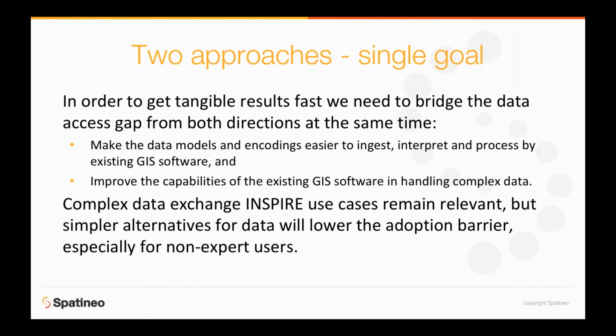But the idea is that in addition to what's already possible, what's already working in INSPIRE, we expand the possibilities, increase the impact of the INSPIRE data for the users that are not able to directly access INSPIRE data at the moment.